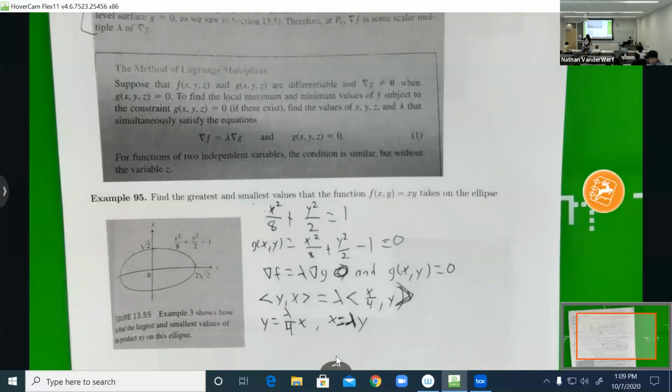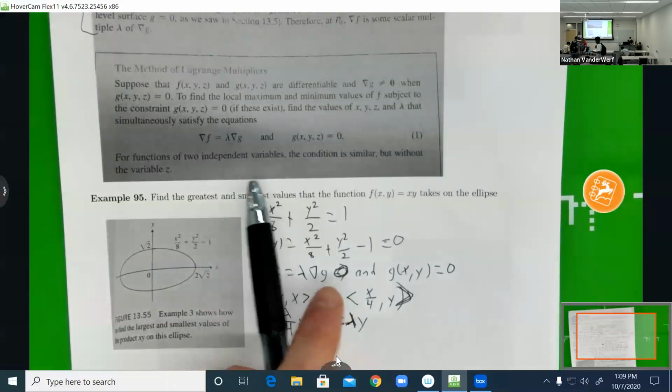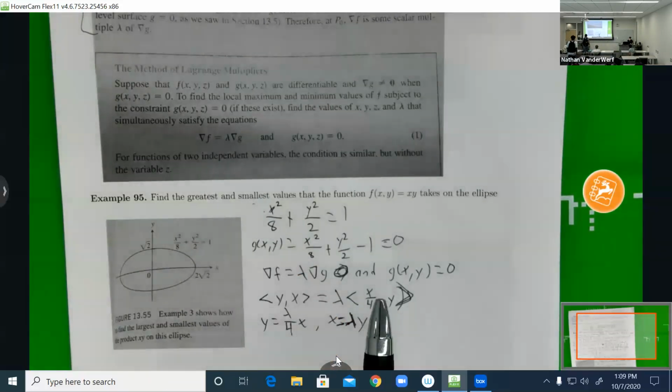This is totally removed from Calc 1 now. So the confusing part is why the gradients are scaled. Yes, that's the confusing part. I understood the other parts. Okay, so after understanding that, these next few problems should be a little bit easier to do.